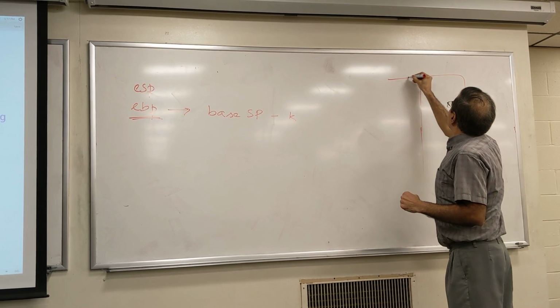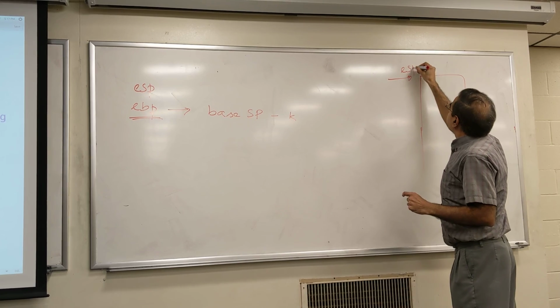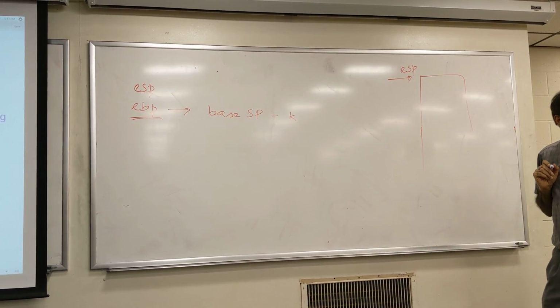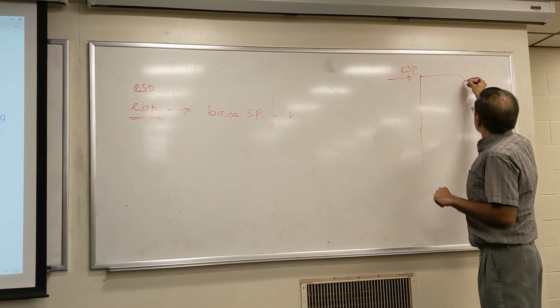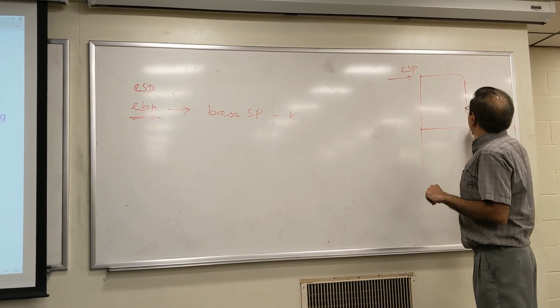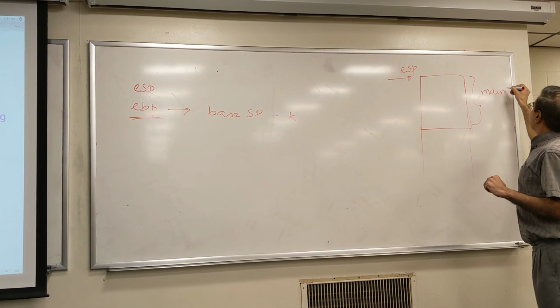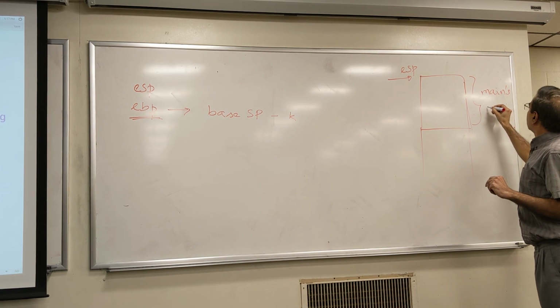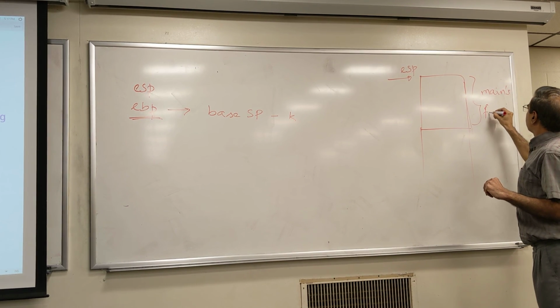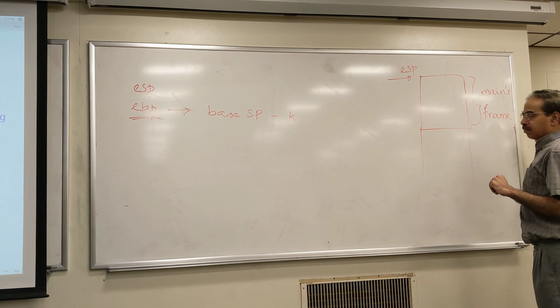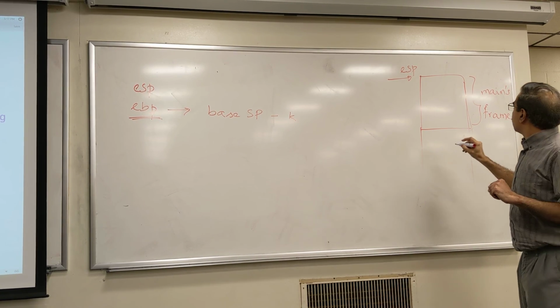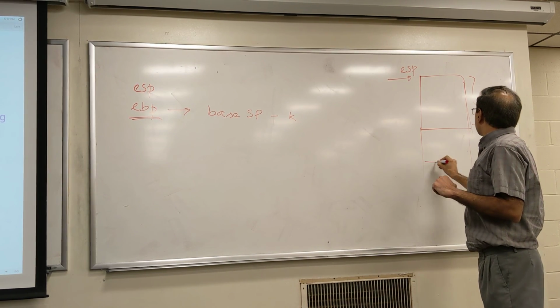At the beginning of the program, let's say ESP is pointing to here, right? And let's simplify and say that the first thing on the stack is main's frame, the main stack frame. And then from there, it's going to be main loop.